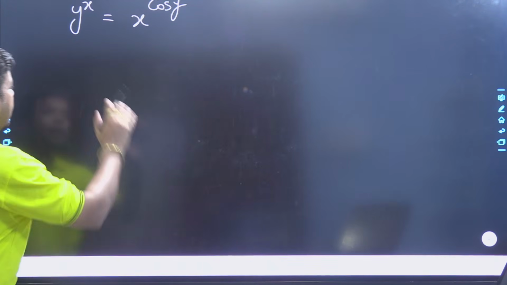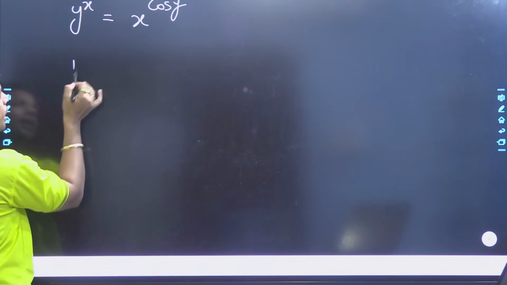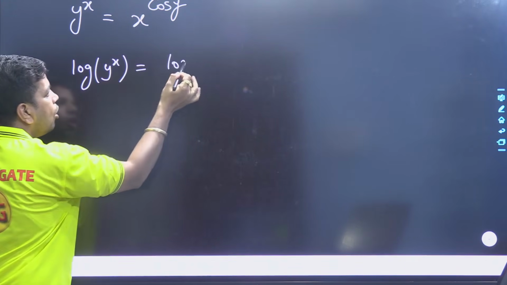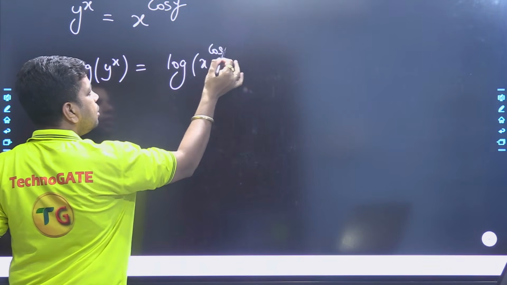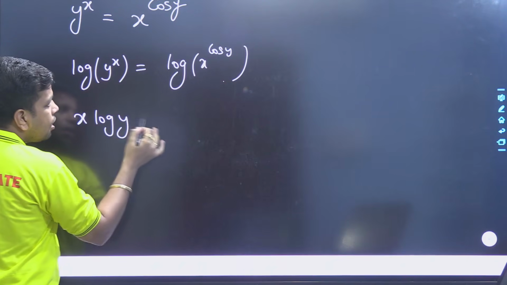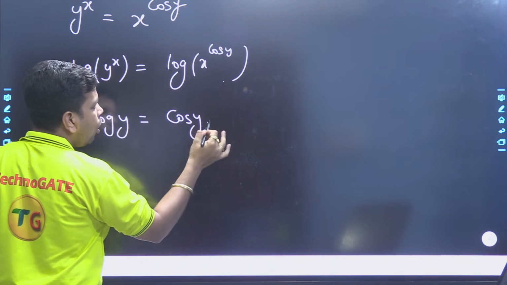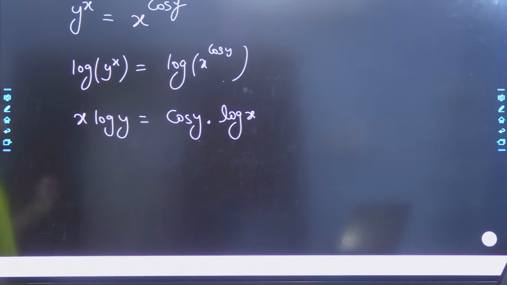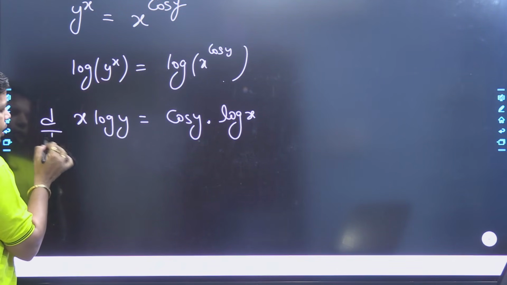First of all, we'll take log on both sides. So this becomes x log y is equal to cos y dot log x. Now we are doing differentiation on both sides with respect to x.